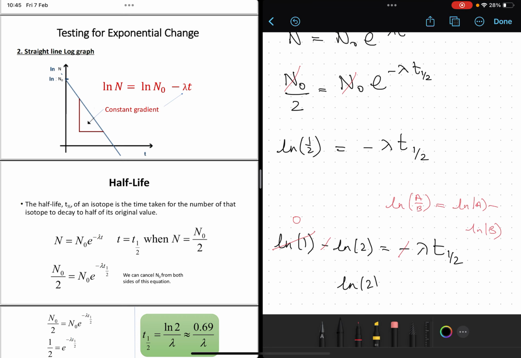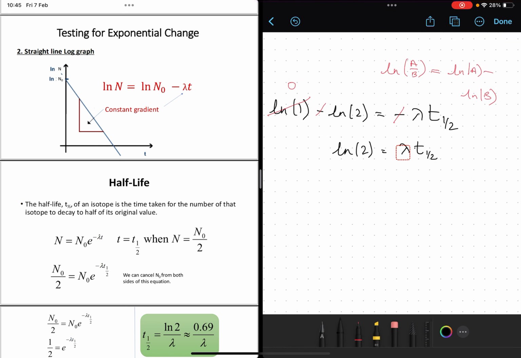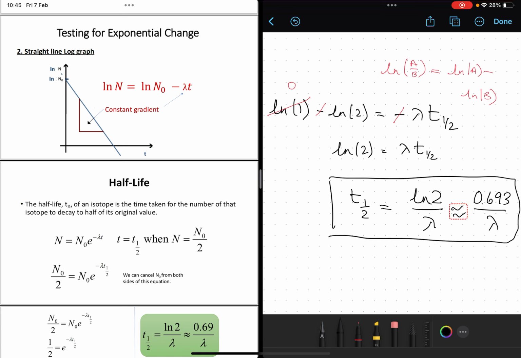So log 2 is lambda t half. Rearrange it. T half is log 2 over lambda. Okay, put log 2 into your calculator. 0.693 over lambda.